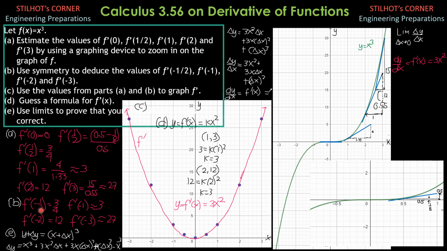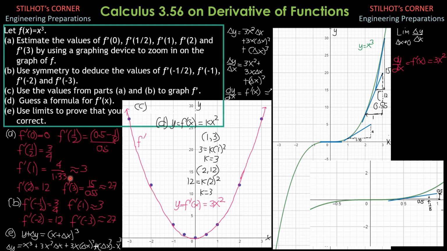This is f prime of negative 1/2. So it is positive 3/4. It's the same. Sorry. We have positive slope also in this part because it is in this portion here. So the slope of the tangents from here to the left, then up to 0 is positive, decreasing until it is 0. So f prime at negative 1/2 is the same as f prime of 1/2, which is 3/4.